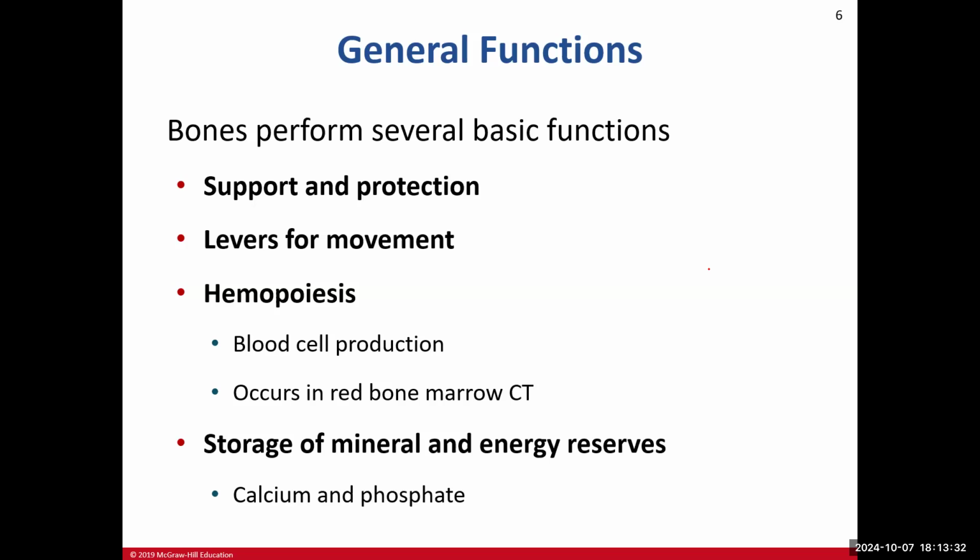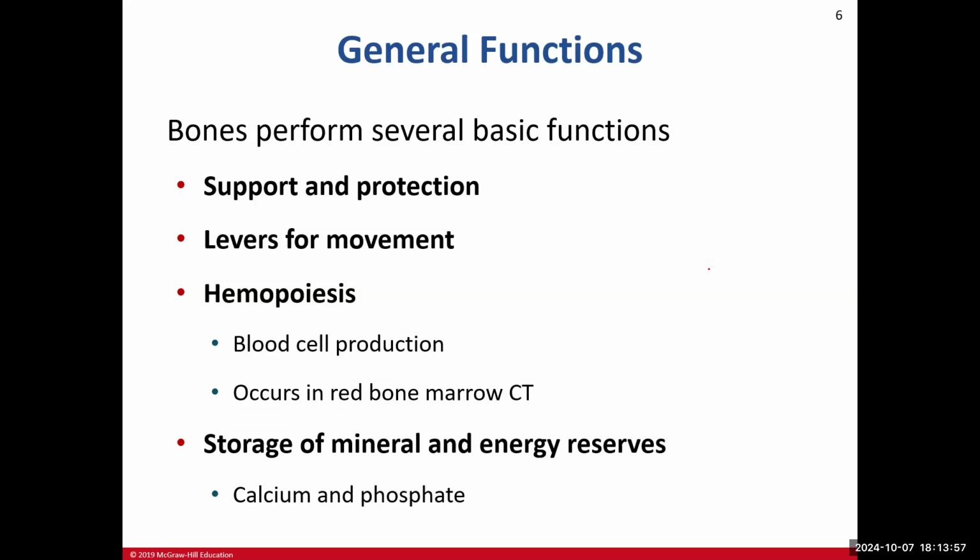So there's where we get our protection from. Levers for movement. We don't really cover levers in this course, but we know that muscles attach to bones and muscles move bones at joints. Those muscles, when they're contracting and relaxing, will create movement, and that movement will cause the bones to move. So those bones act as levers.